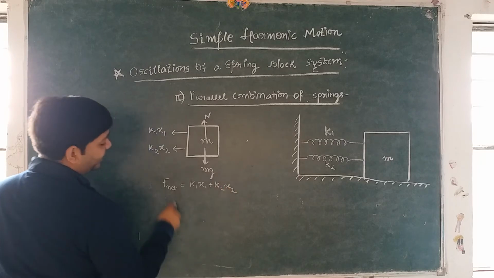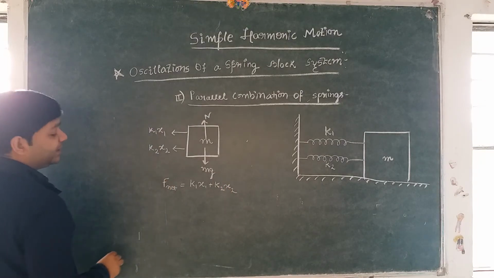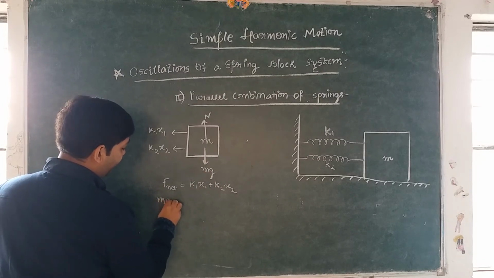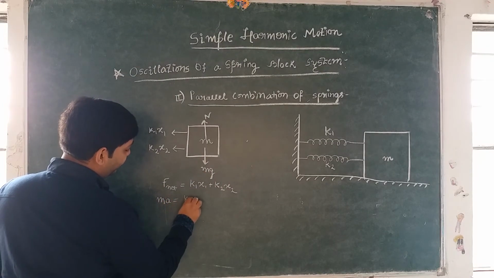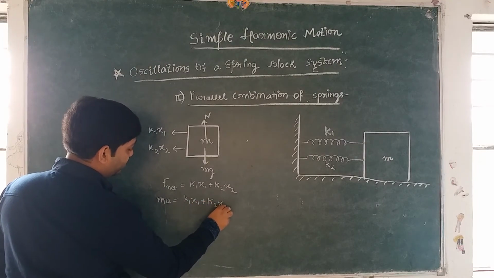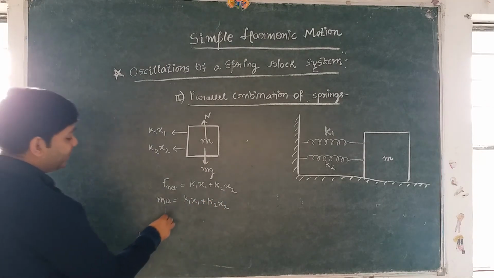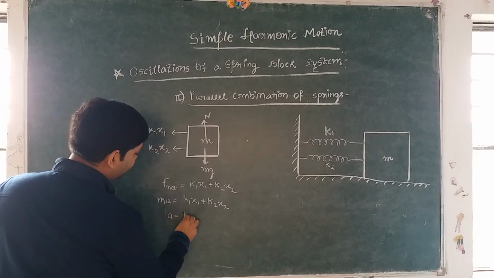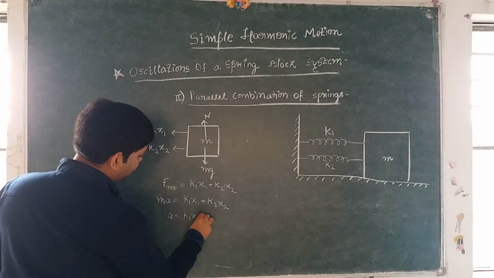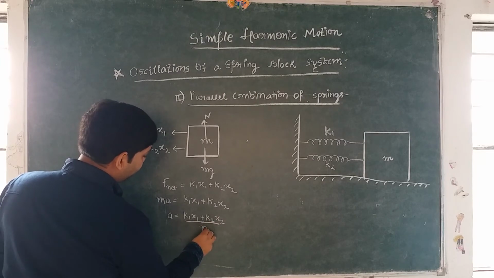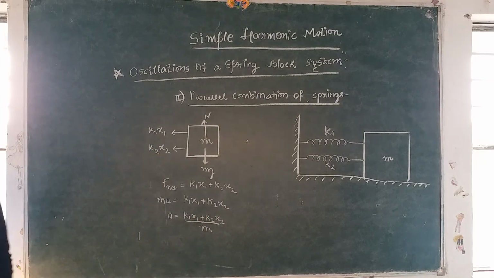And now this F net can be written as mass into acceleration of the block. So we will have ma equal to k1 x1 plus k2 x2. From here you can write down the value of the acceleration of the block, which comes out to be (k1 x1 plus k2 x2) upon m. I hope you have got till here.